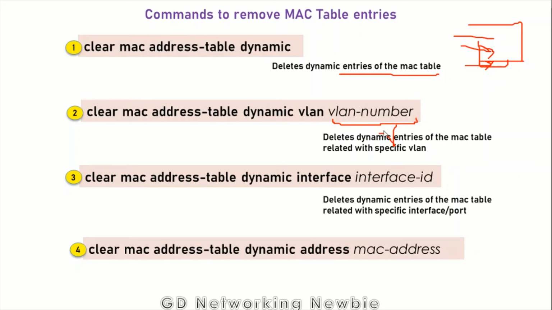This is the command by which we can remove a specific MAC address, which should be 6 bytes. Whatever address we want to remove from the MAC table, we give that MAC address here, and with this command, that MAC entry will be removed from the MAC table.